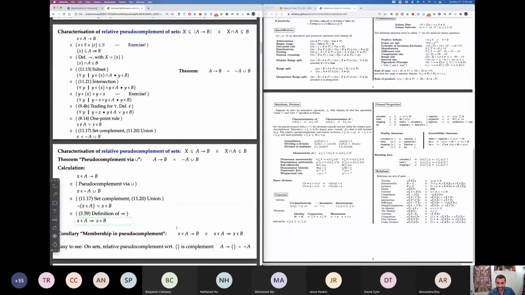And so now you see, hey, X is inside A implies B means if X is inside A, then it has to be inside B. That's pretty neat. And more generally, not just inside of set theory, but in general, if something is included inside the relative pseudo-complement, then whenever it's included in the first one, it's also included in the second one. So this is the idea of internalizing these implications.